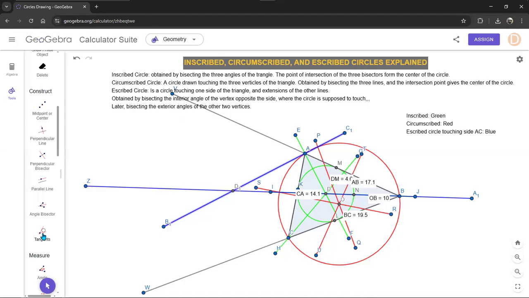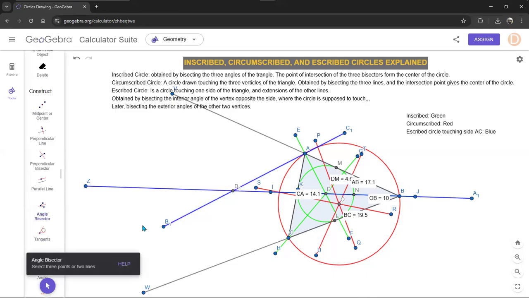But if you use two, and maybe you had made a mistake, you will not be sure whether you are right or wrong. So the third bisector will easily tell you if you are on the right path or not.